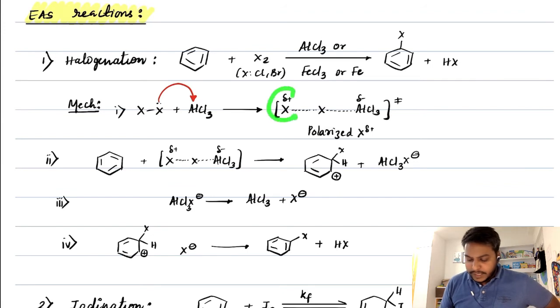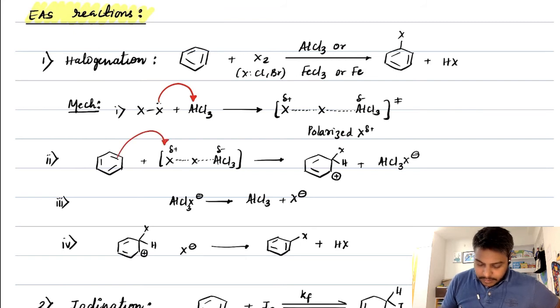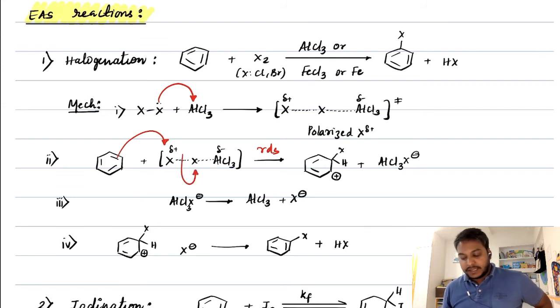We would see that this X gets sufficiently polarized, which means this benzene will now be able to attack that X as the electrophile. As it attacks, which is the RDS of the reaction, the halogen will leave with AlCl3, and we will get AlCl3X minus, and benzene will get this halogen substituted.